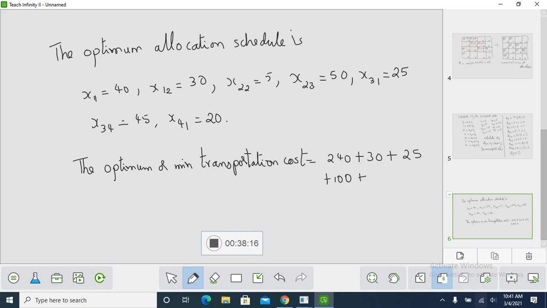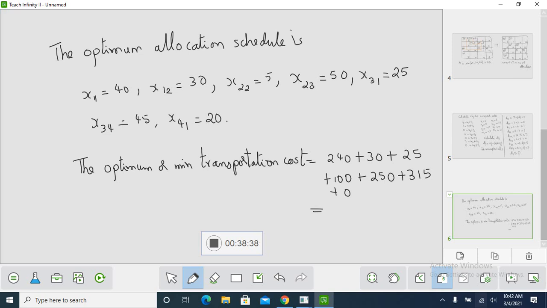plus 10 into 25, I have 250 plus 7 into 45, 7 5s are 35, 5 carry over 3, 315 plus 0 into 20. Plus 0 into 20 will give me only 0. It's not going to add on to anything.